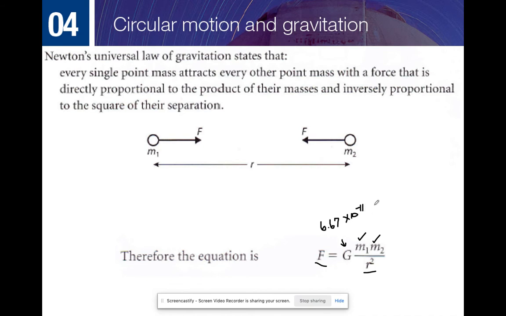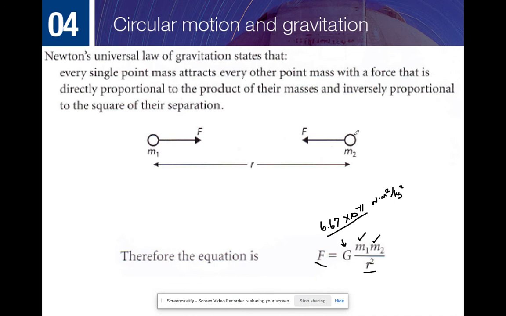And that is actually in newton meters squared divided by kilograms squared. And that's kind of a big unit. We don't tend to use that unit very often because it kind of comes out in the math, if you will. But this 6.67 times 10 to the negative 11th is G.